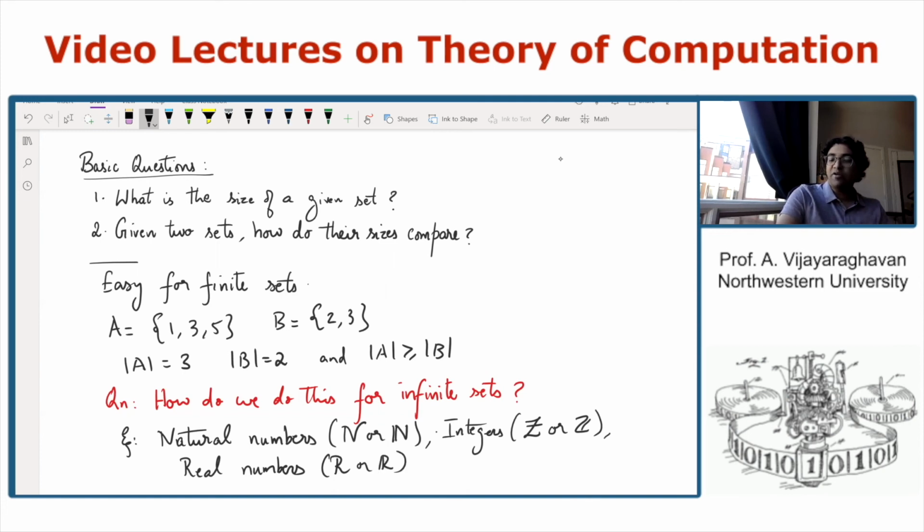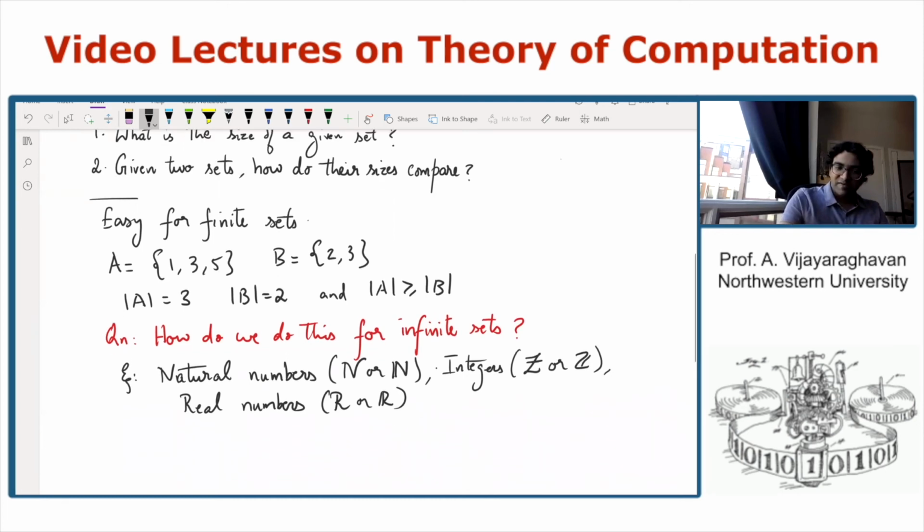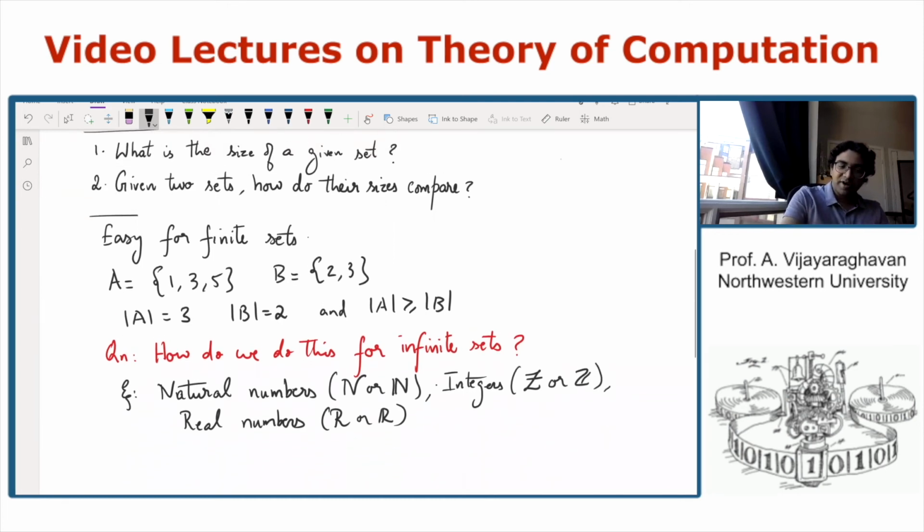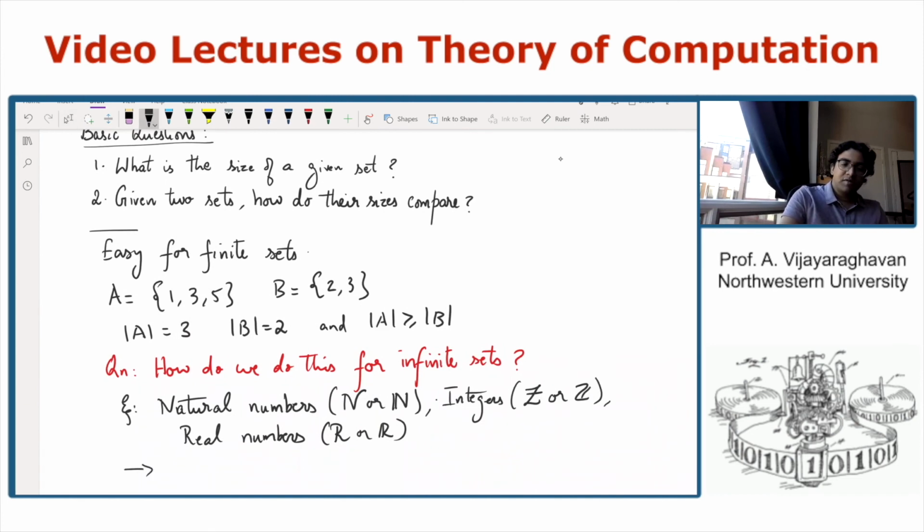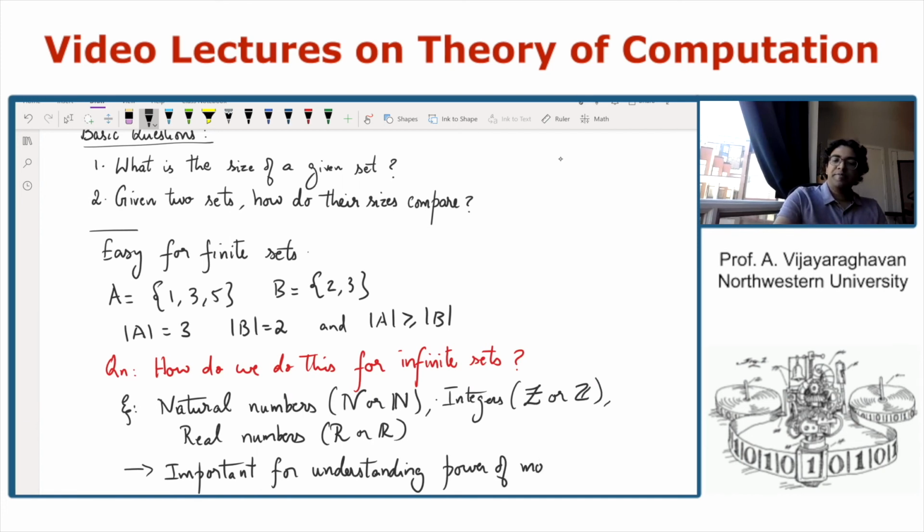Then you could ask these questions: how do I compare the sizes of these different infinite sets? And apart from these infinite sets, this will also be particularly important in the rest of the course for understanding the power of different models and different classes of models.